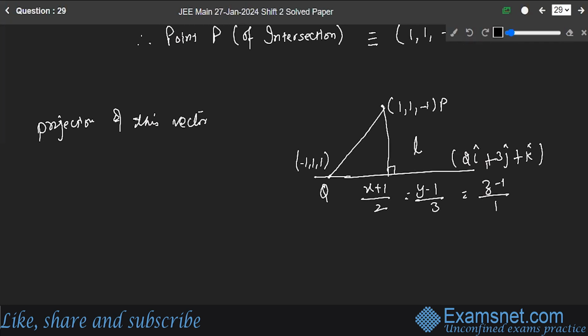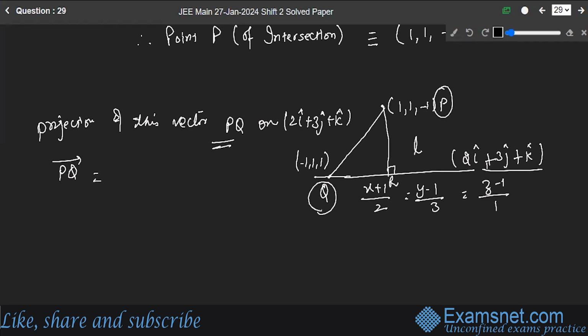Let's say this is Q and this is R. So the projection of the vector PQ on this line 2i, 3j plus k. What will be the PQ vector? If I consider these two points, P and Q, the PQ vector will be given by 1 minus of minus 1 i, plus 1 minus 1 j, plus minus 1 minus 1 k. So this will be equal to 2i minus 2k vector.